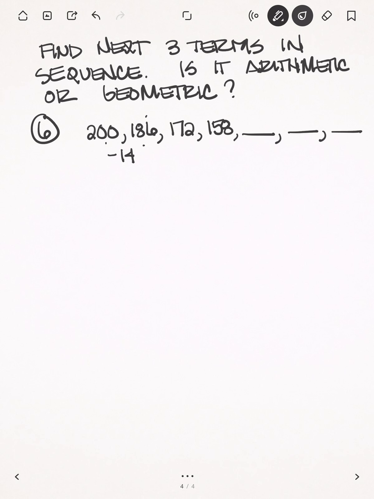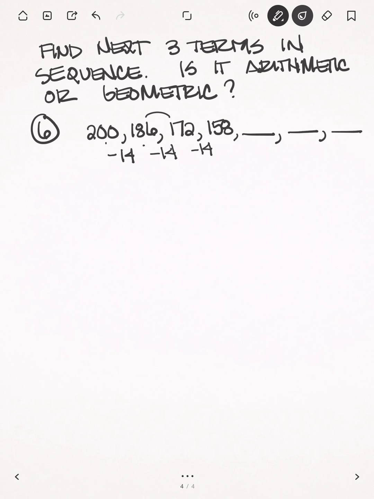Well, what's the difference between 186 and 172? If I do that on my calculator, I also get a difference of 14. So I am subtracting 14 there also. If I subtract 14 here from 172, I get 158. So it looks like I'm subtracting 14 every time.